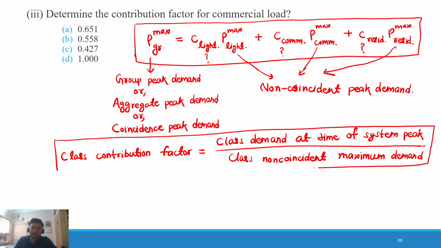So using this formula, we can find out the contribution factor for different types of loads.